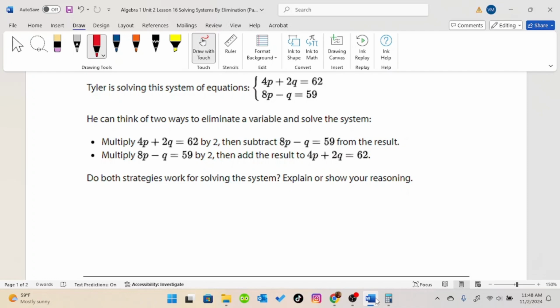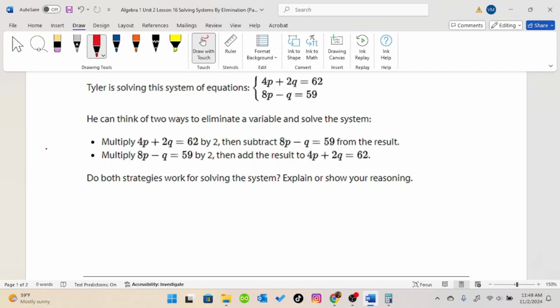The other is to multiply 8p minus q equals 59 by 2, then add the result to 4p plus 2q equals 62. Do both strategies work for solving the system? Explain or show your reasoning.